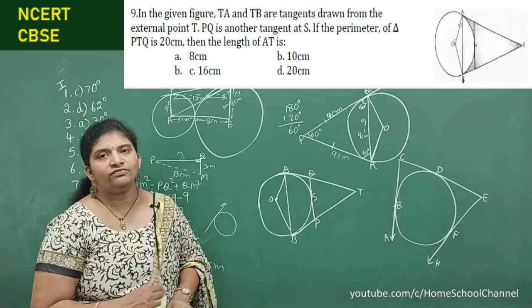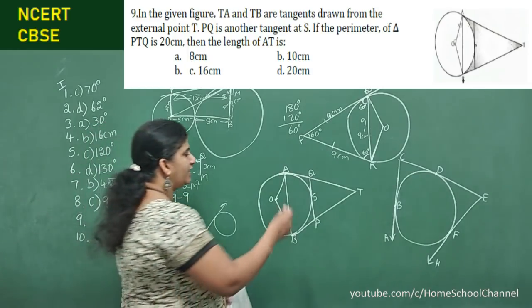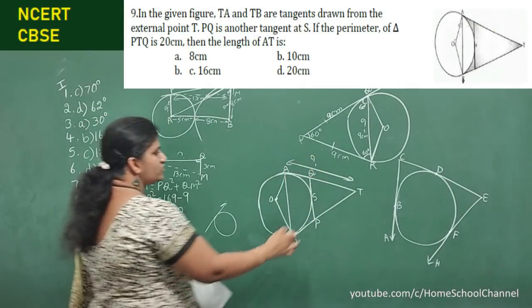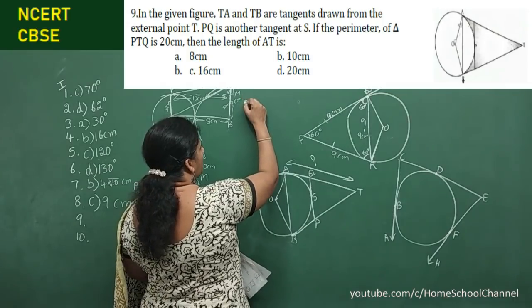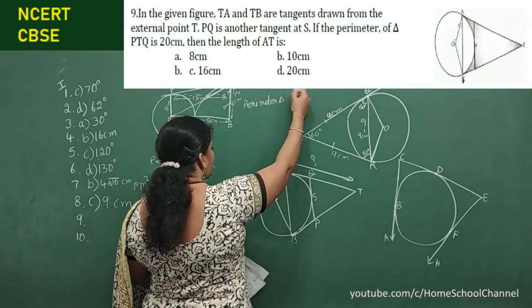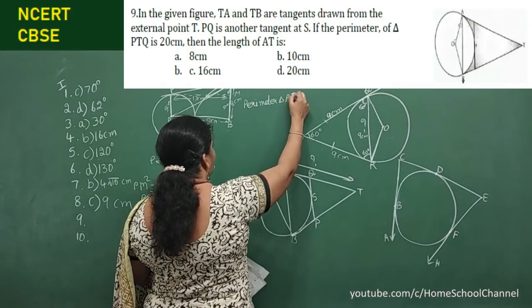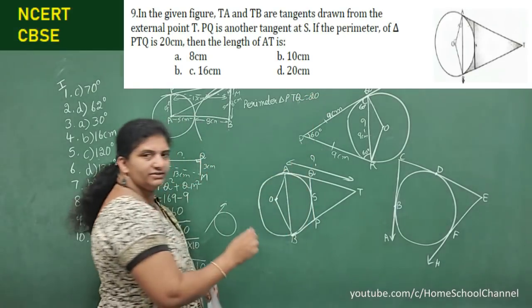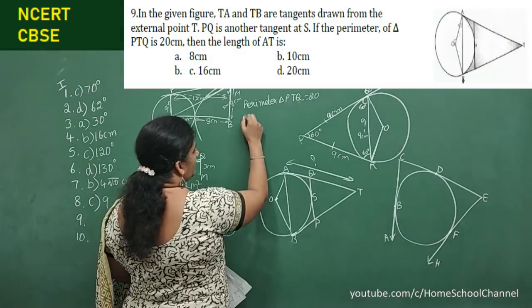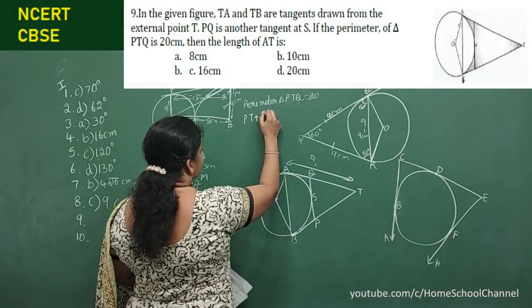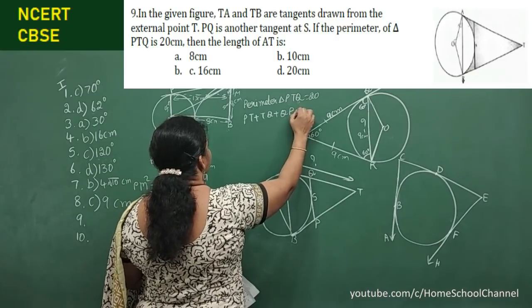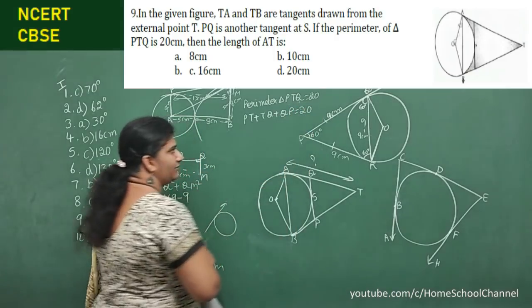Find the length of AT, we need to calculate. So they have given the perimeter. Perimeter of triangle PTQ is equal to 20 centimeters. Perimeter means PT plus TQ plus QP is equal to 20.